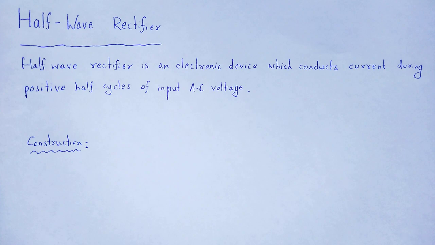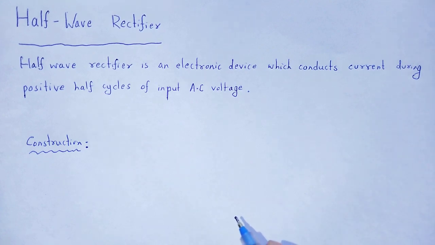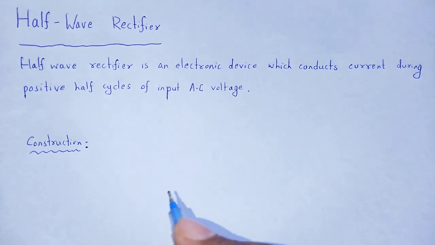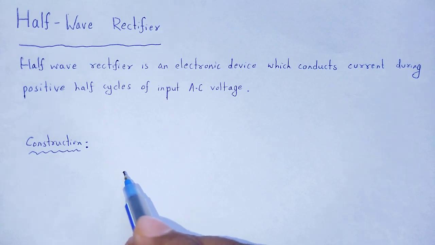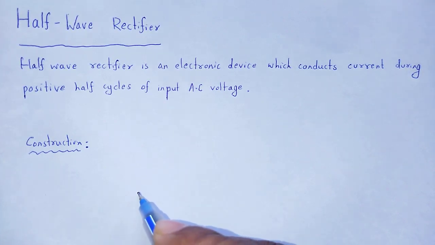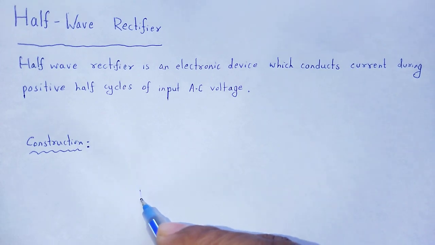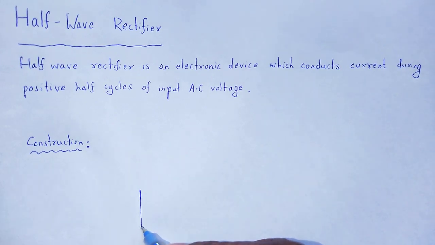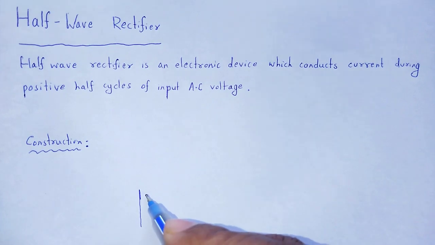Construction of a half wave rectifier. We apply an AC source. In order to apply AC source, let us prefer a transformer.